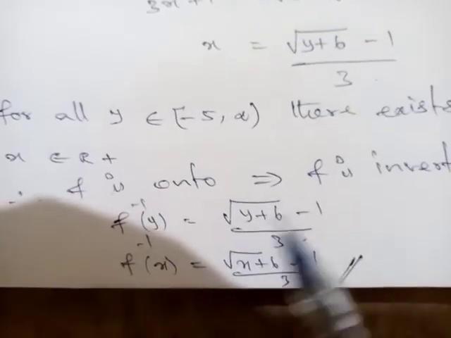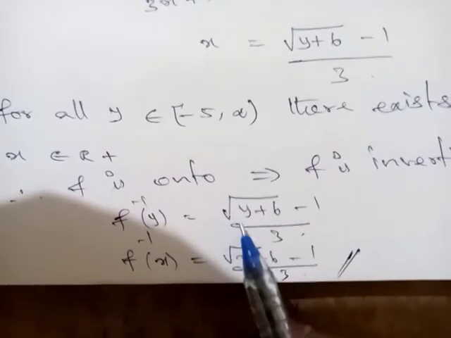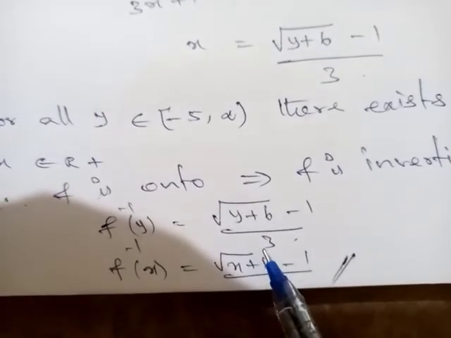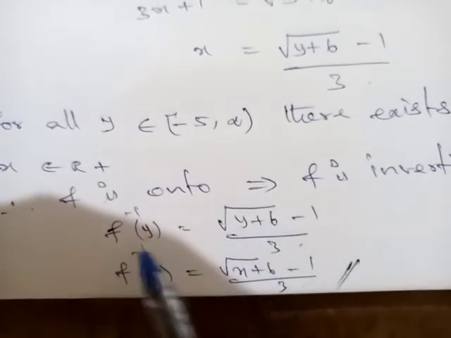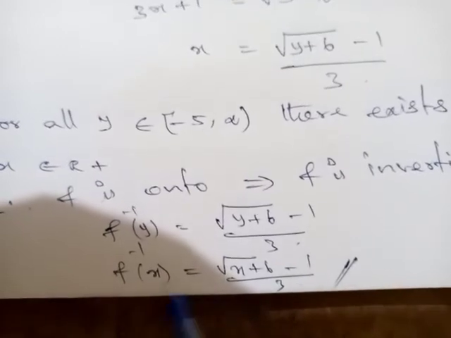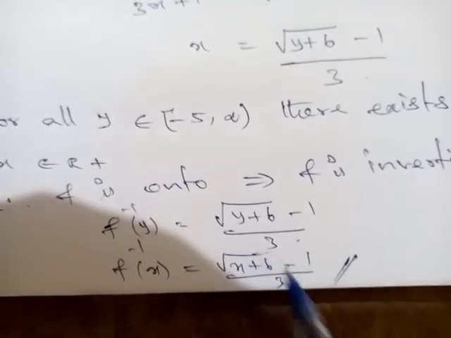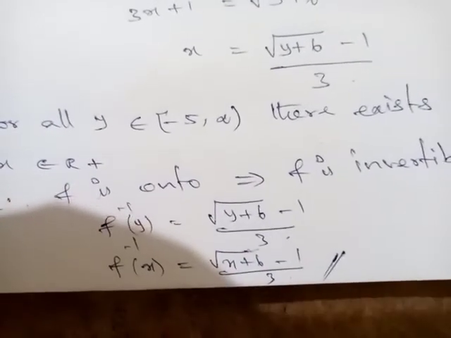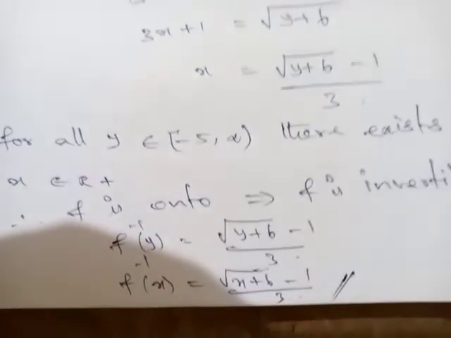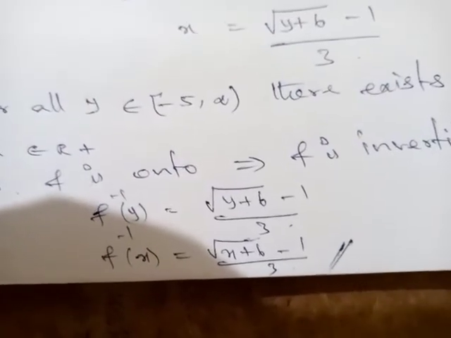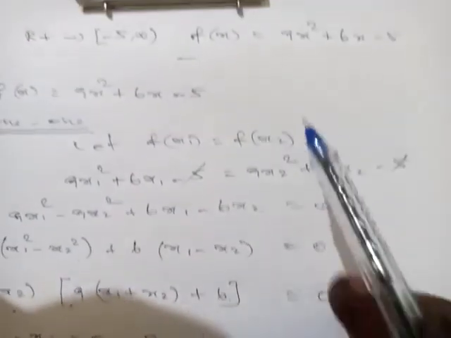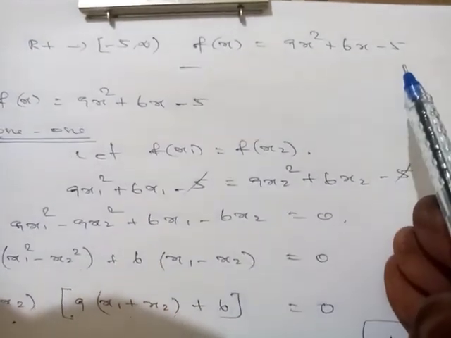Just to change the variable, f inverse of y is equal to, in terms of y, square root of y plus 6 minus 1 divided by 3, change the variable y here, change it as x. So square root of x plus 6 minus 1 divided by 3. This is the inverse of the given function f of x, that is equal to 9x square plus 6x minus 5. So this is the way to find the inverse of the given function.